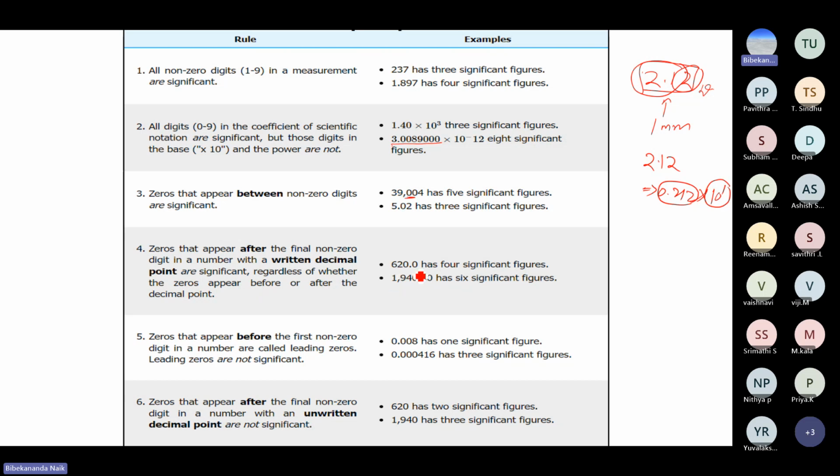When I'm writing in decimal, all zeros are significant, as well as the non-zero digits. So 620.0 has 4 significant figures, and 1940.00 has 6 significant figures because it contains a decimal point.